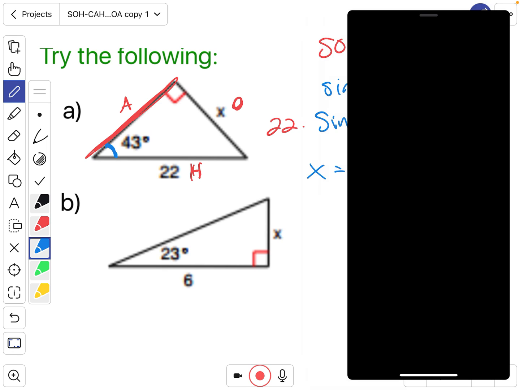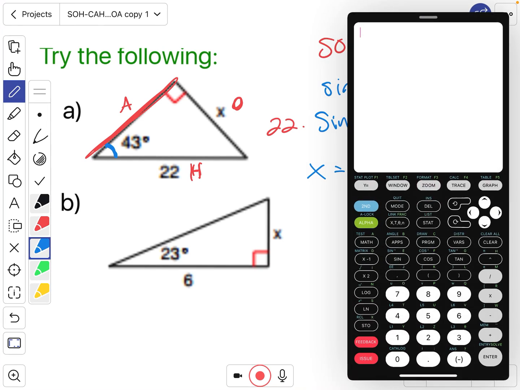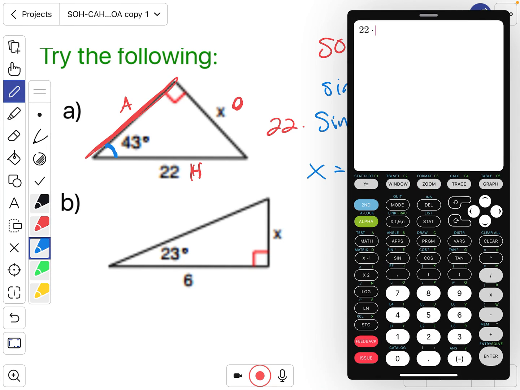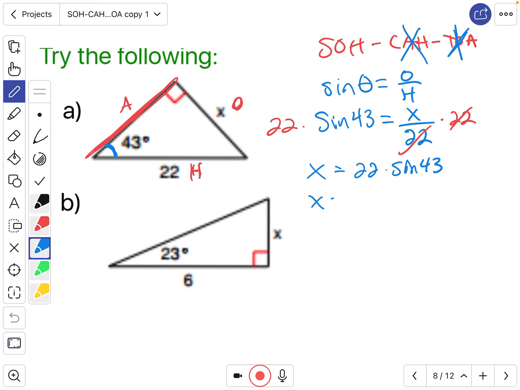So if I bring up my calculator here and type that in, 22 times the sine of 43, press enter. And so there we go. We get about 15 if I did 2 decimal places there. So x equals 15.